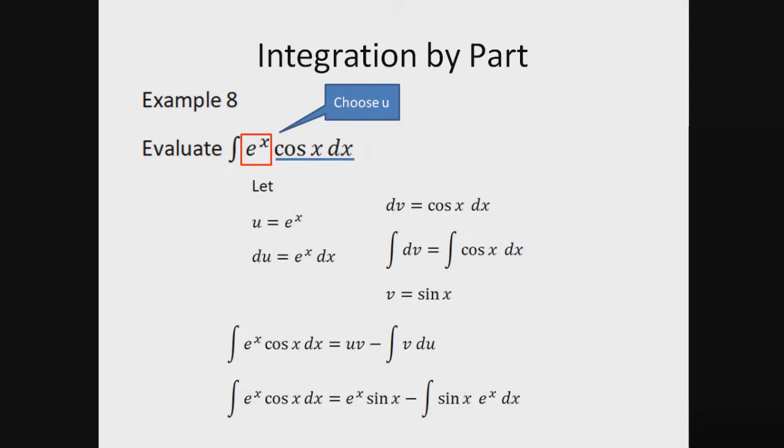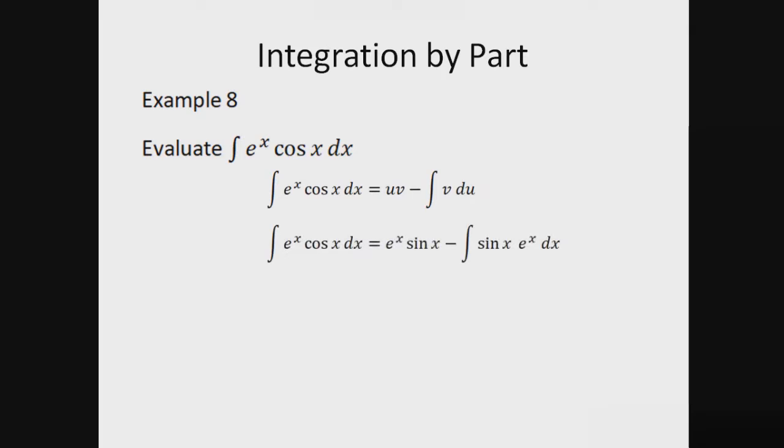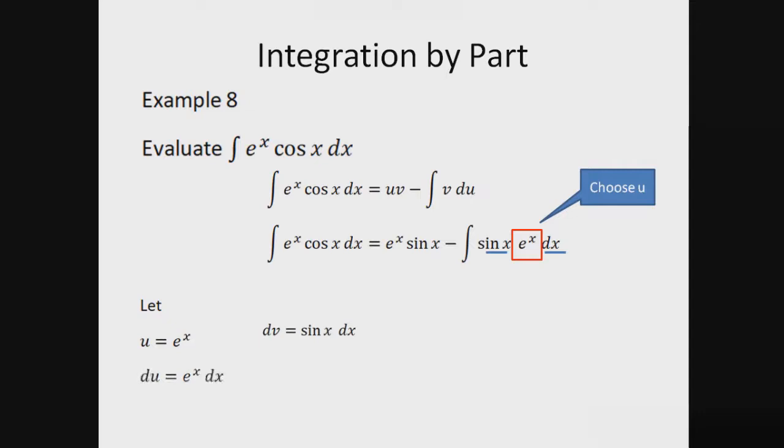So we have to do integration by parts again. Here we choose e to the x again as u and the rest of the integrand, sine x dx, as dv. We do the same thing again and substitute at this part.